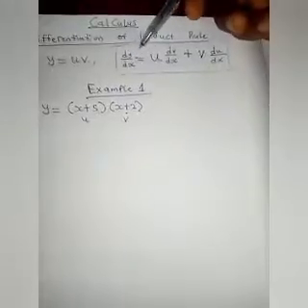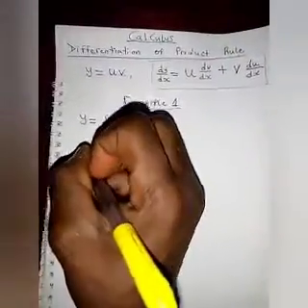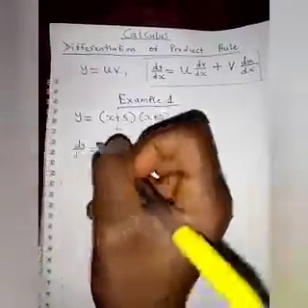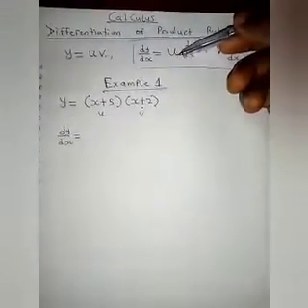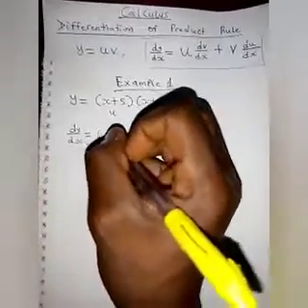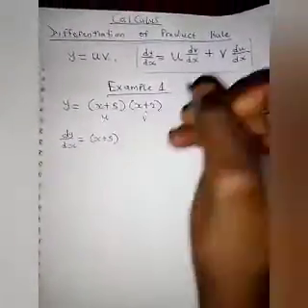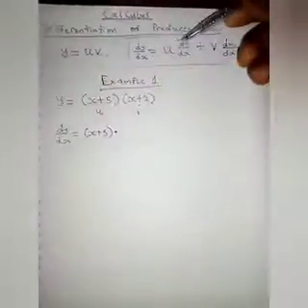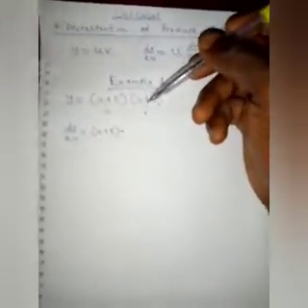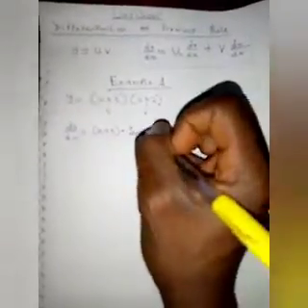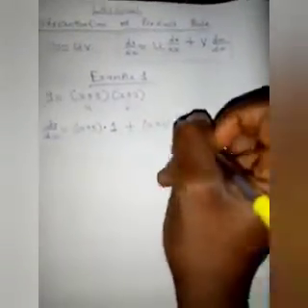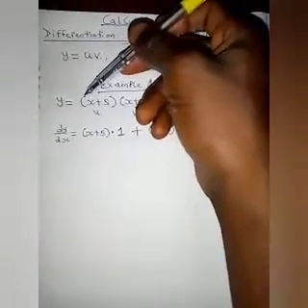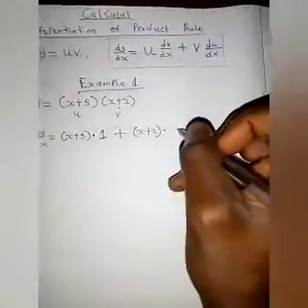So when we differentiate with respect to x, dy/dx will equal, the rule says we take u, that's x + 5, then we multiply it with the derivative of v, which is 1, then plus we take v, then we multiply it with u differentiated. So when we differentiate u, we also have 1.